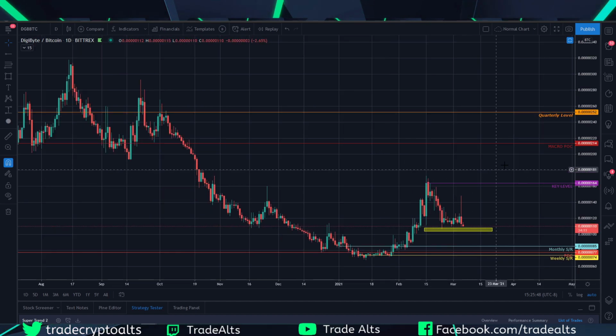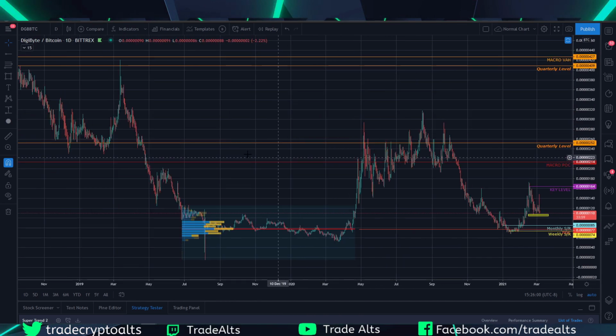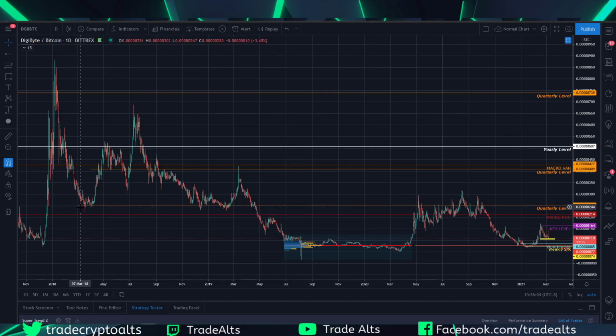And then from there, again, macro point of control, 214 sats, and this quarterly level, which has been huge, really important support. And this is support resistance going back literally to 2018. You see, this is a very important level.